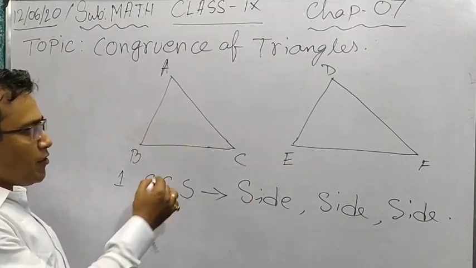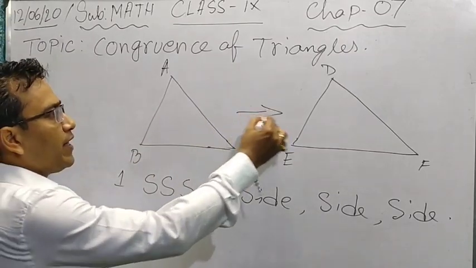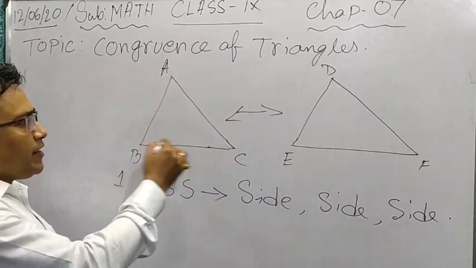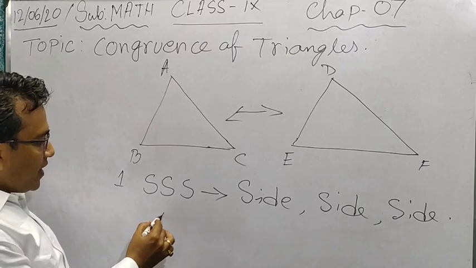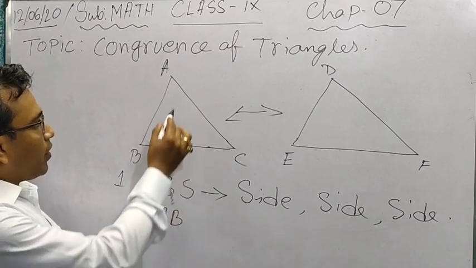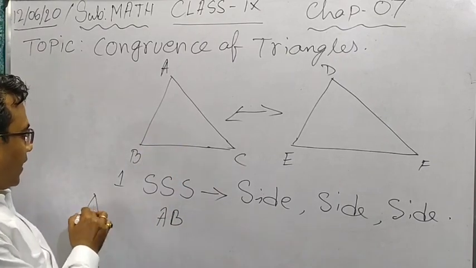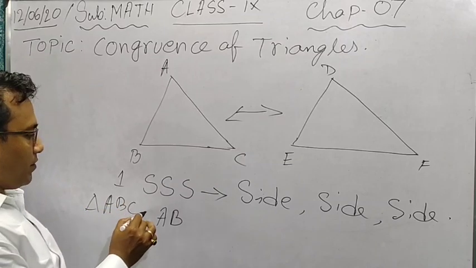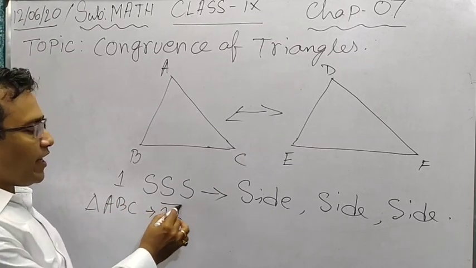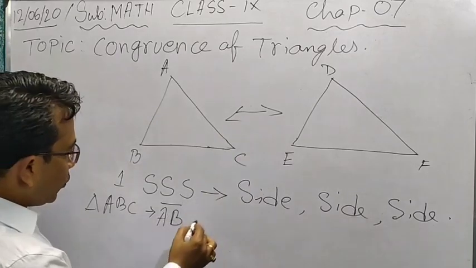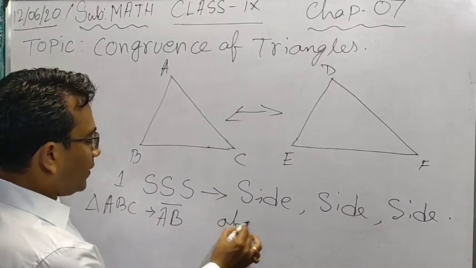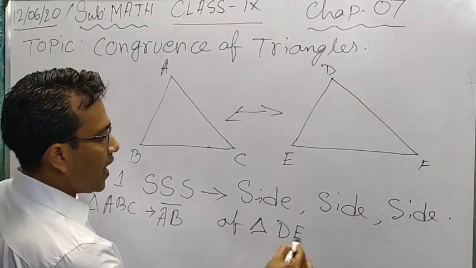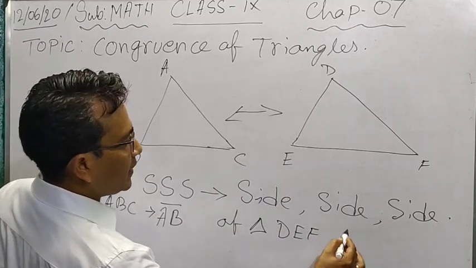Say I compare these two triangles. I am saying side AB of triangle ABC is equal to side DE of triangle DEF.